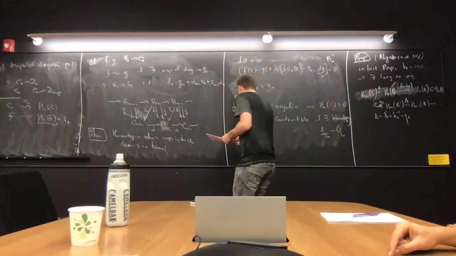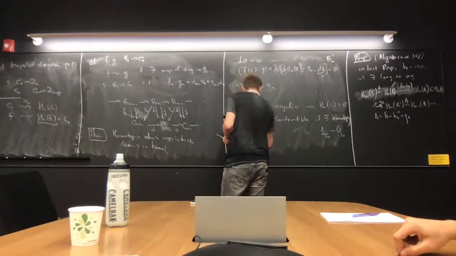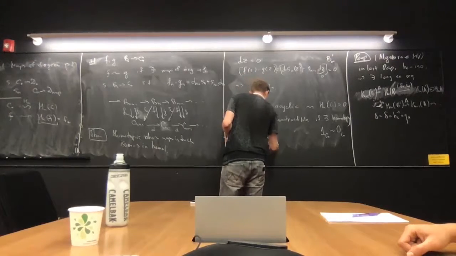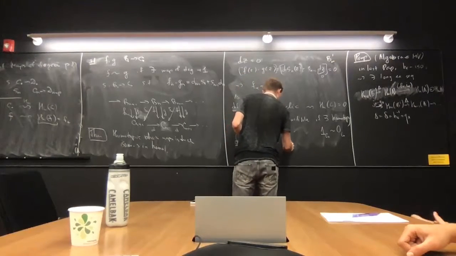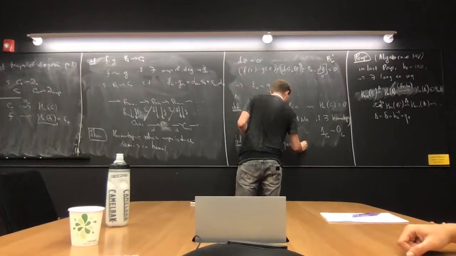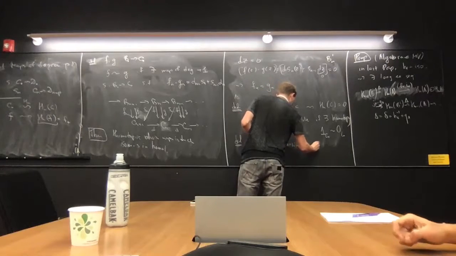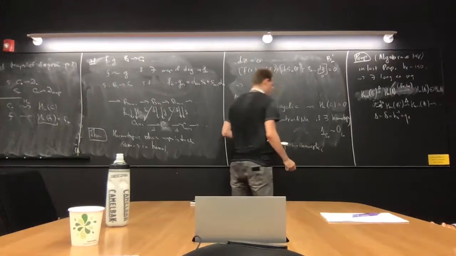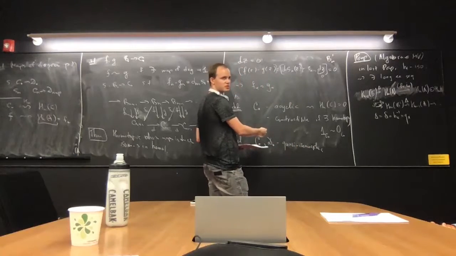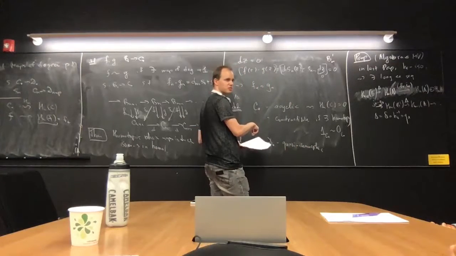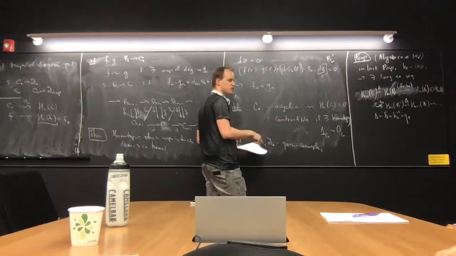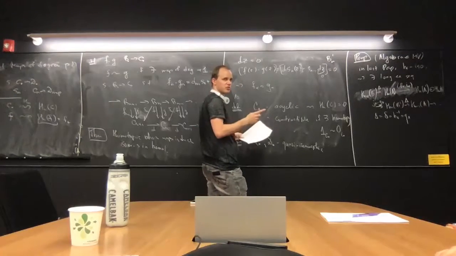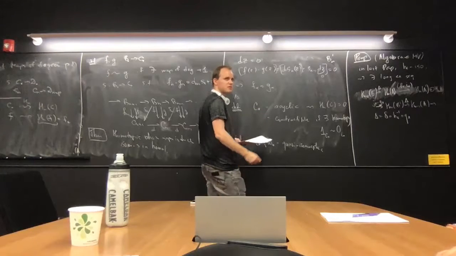And also, we say that C and D are two complexes that are homotopy equivalent if there exist two chain maps in both directions whose compositions in both directions are homotopic to identity.